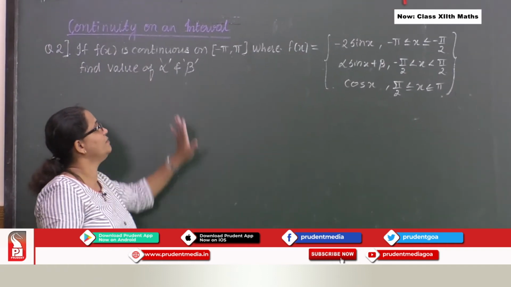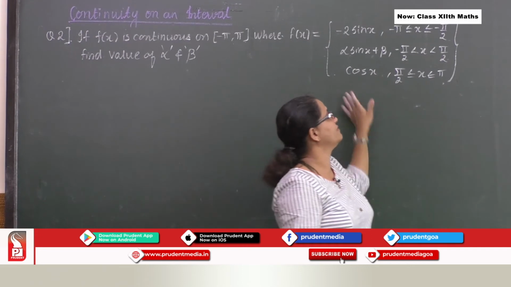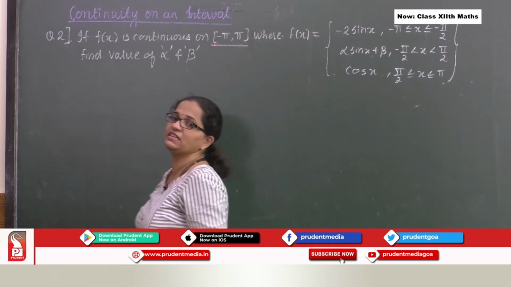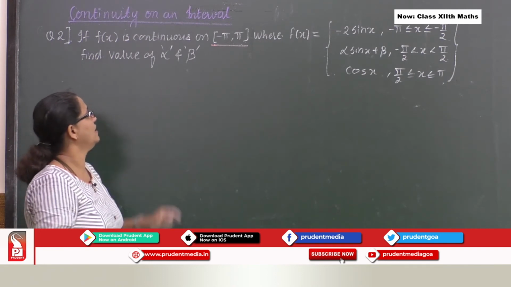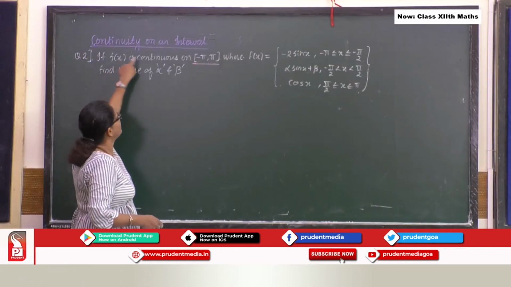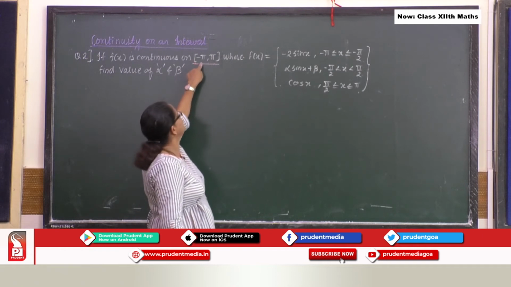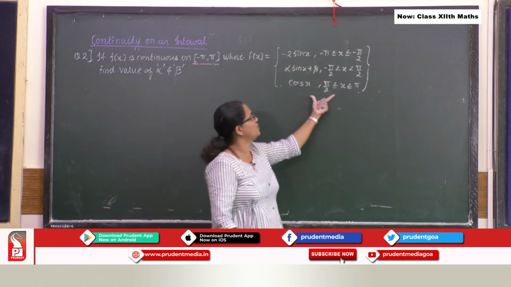This is the second problem, where we are considering trigonometric functions, and you can see the interval I consider, which is again from my trigonometric functions concept. Here the given function is continuous on the closed interval minus pi to pi, where f of x equal to this is what is given.